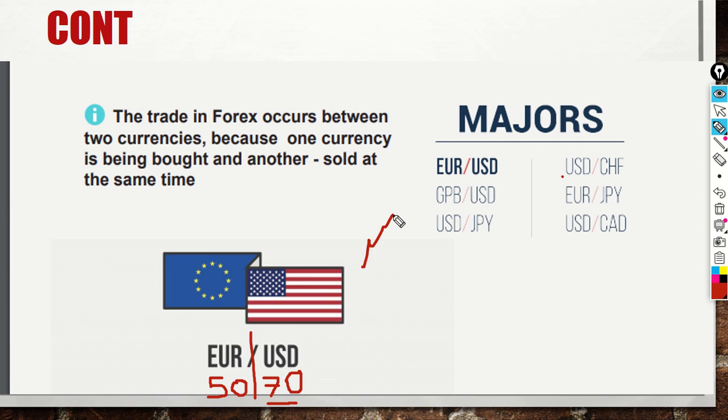The price is fluctuating. So when you come back to Europe, the price at which the euro was pegged will have changed. For the 70 United States dollars which you had, you won't get 50 euros. In this example, maybe you get 60 euros.